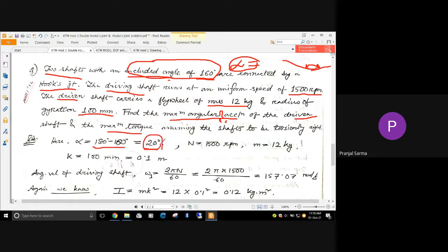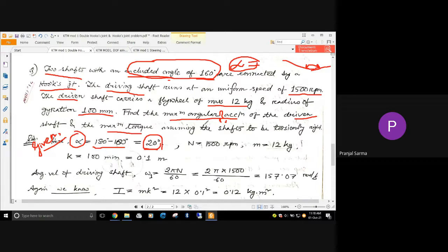That is the angle between the two. You can write down the given: the angle of intersection alpha equals 180 minus 160.